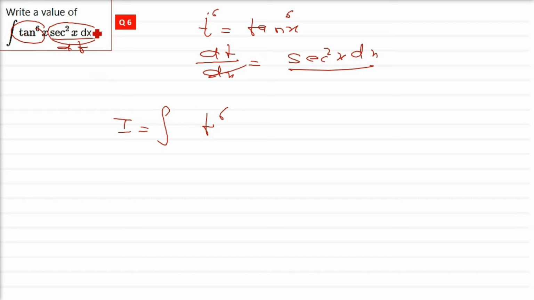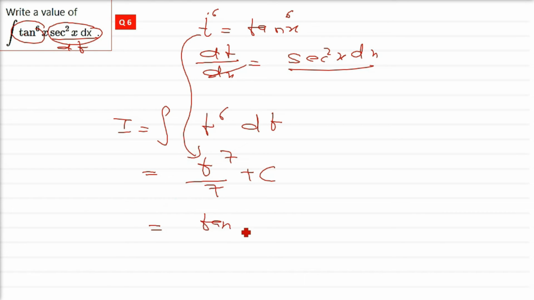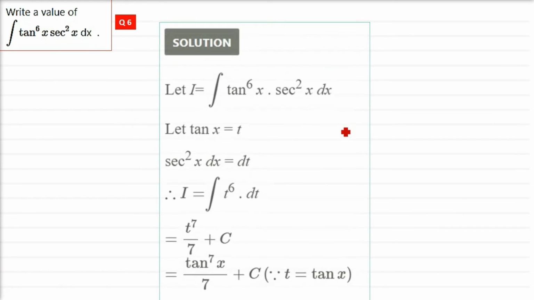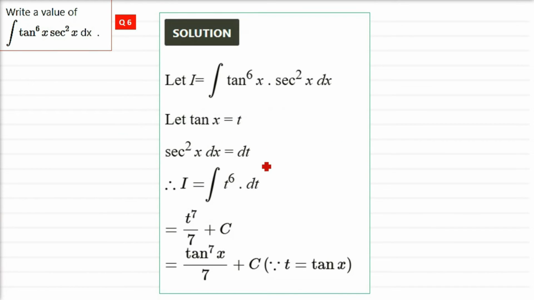This whole has become dt, and when we integrate, it will be t raised 7 divided by 7 plus a constant of integration. T was earlier tan x, which we put here, tan raised 7 x divided by 7 plus a constant of integration. So this is how you are going to do this, and this is for your reference for later.